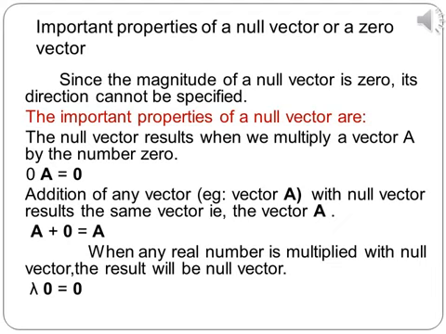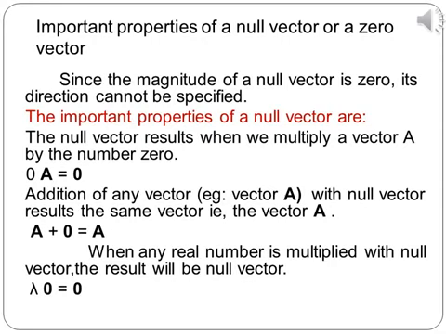The important properties of a null vector are: first one, the null vector results when you are going to multiply a vector A by the number 0. It is mathematically expressed as 0 into the vector A is equal to null vector.